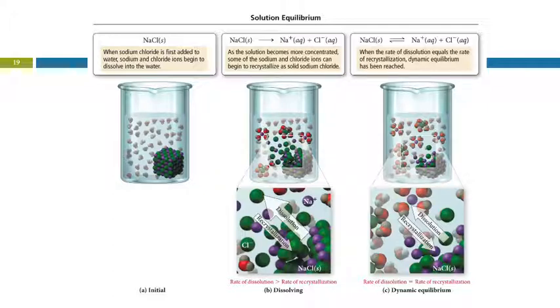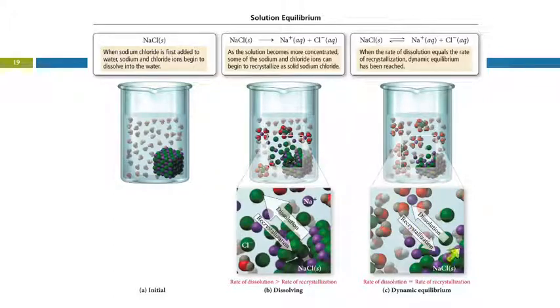In a saturated solution, there will always be some solid present. And if you were to monitor and measure the amount of solid over time, the mass of it would be the same. It may change shape though, because as the ions dissolve and recrystallize, they may recrystallize in a different place than they originally came from.